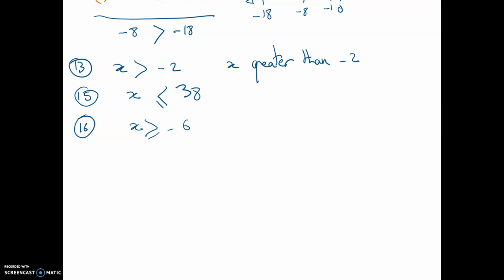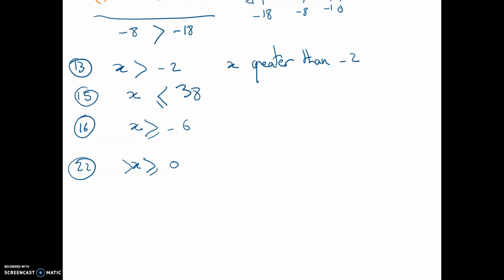Number 22, for example. x greater than or equal to 0 and less than or equal to 2.